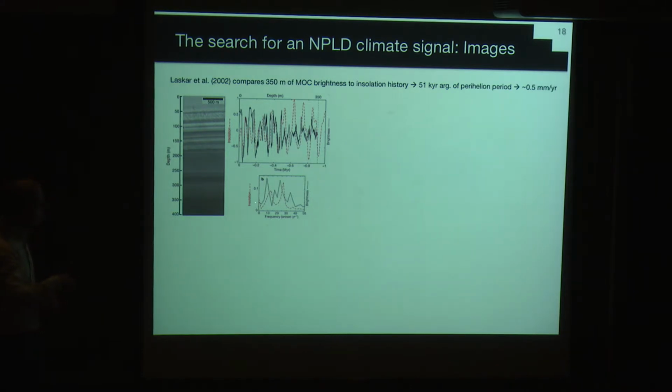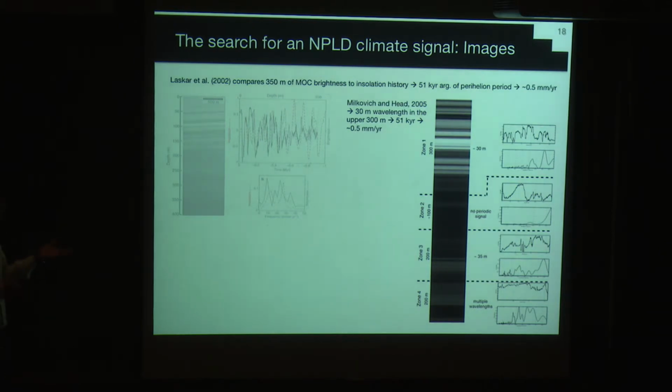And this is the Fourier transform here, where you have frequency and power, and he's basically comparing these two peaks. The main conclusion from this first study was that this 350-meter section was driven by the 51,000-year argument of perihelion period, which, if you have this depth, would correspond to an accumulation rate of about 0.5 millimeters per year.